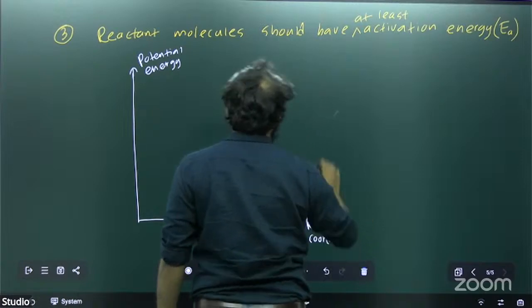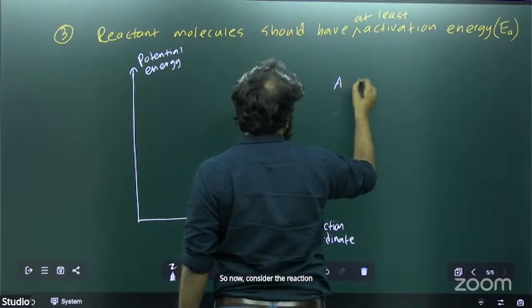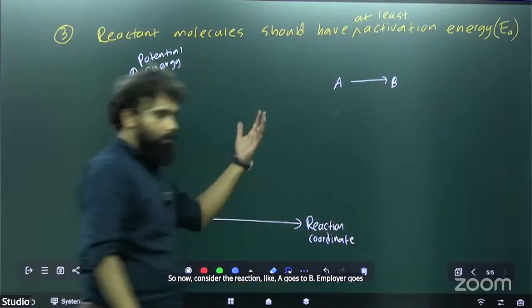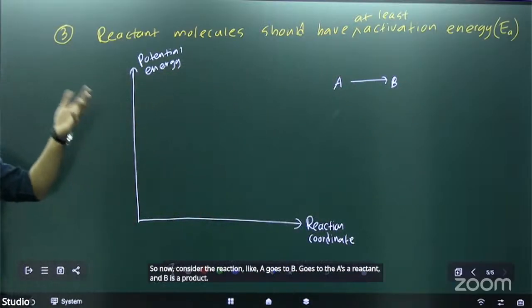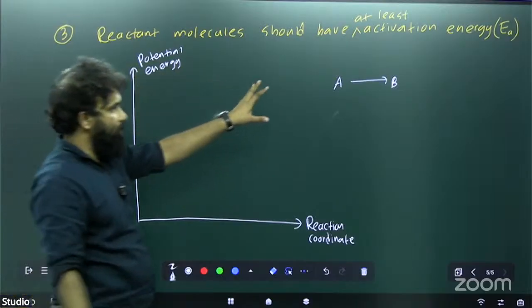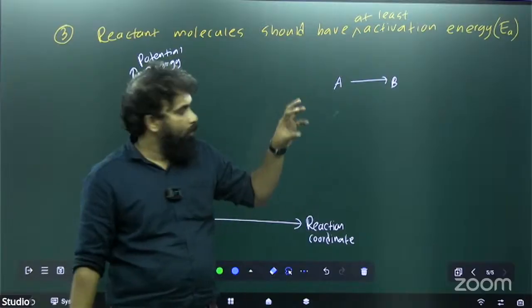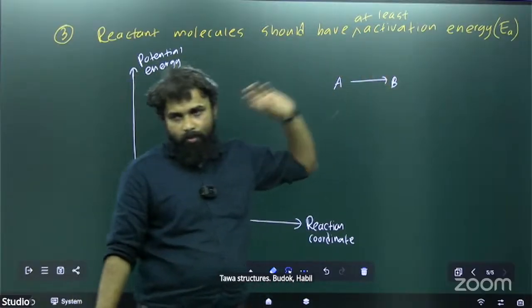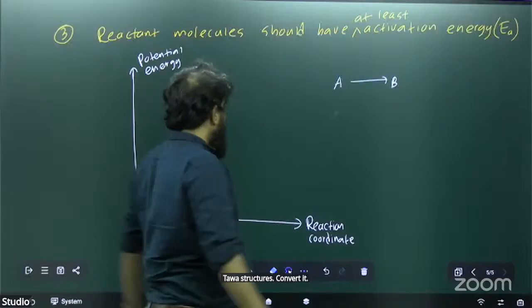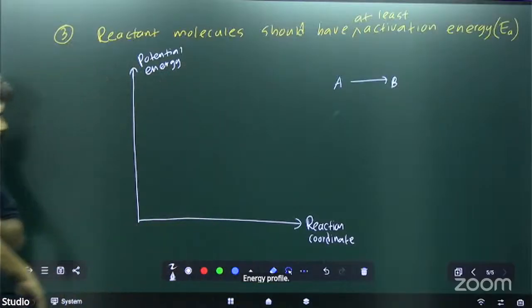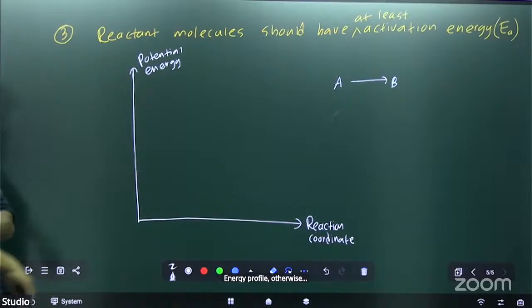Now consider a reaction like A goes to B. Simply A goes to B. A is a reactant and B is a product. When A converts to B, it does not convert directly. Many more structures form in between before it converts to the product. So here we can draw what we call an energy profile, otherwise a reaction coordinate diagram.